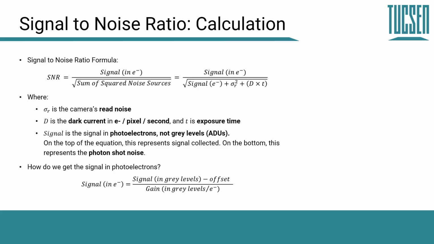We can use this formula to work out which terms are more important. So for example, if you're trying to work out whether your read noise or your dark current is more significant, if we work out this equation in long form, maybe in Excel or a spreadsheet software, we can see the relative size of the read noise squared, or the d times t parts of the equation, to see if read noise or dark current is something that we need to concentrate more on reducing.